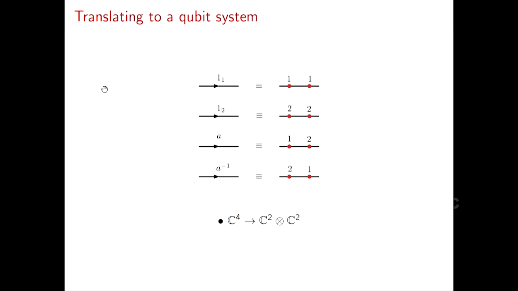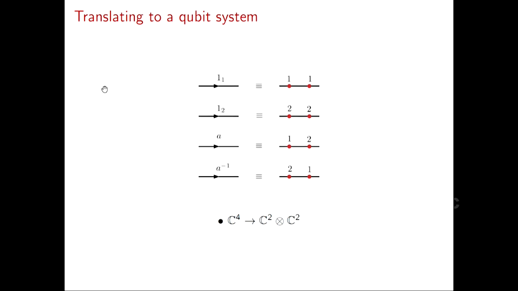So the 1_1 over here is the same as using object index 1 and 1, and 1_2 is the same as using the object indices 2 and 2. And A is 1, 2 and A inverse is 2, 1.